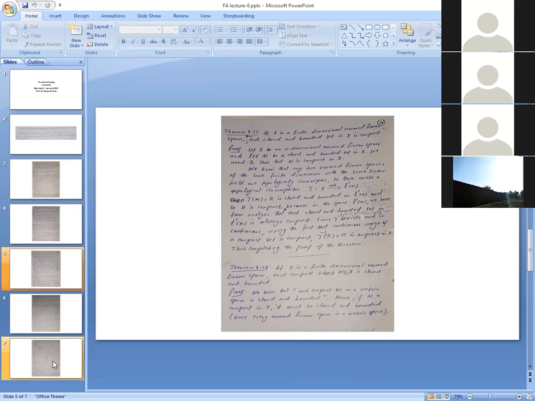So you may combine these two results, and you have the following statement. In any finite dimensional nonlinear space X, any subset M of X is compact if and only if M is closed and bounded.